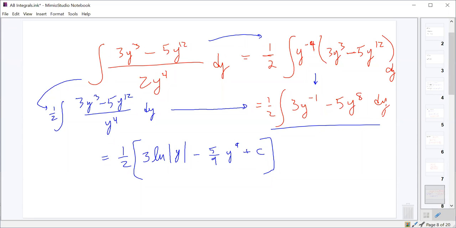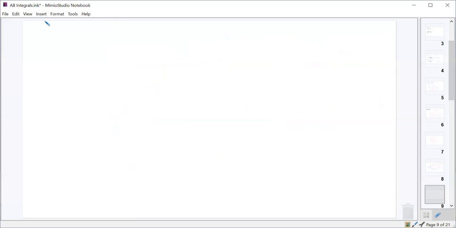Okay. So I'm just going to give you a real simple integral here. What if I gave you just this integral, the integral of x to the -2 times x plus x cubed dx.